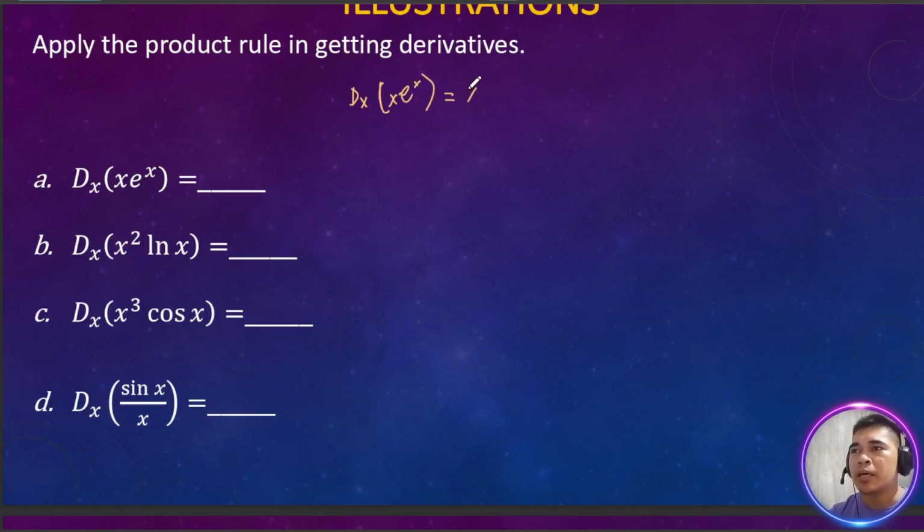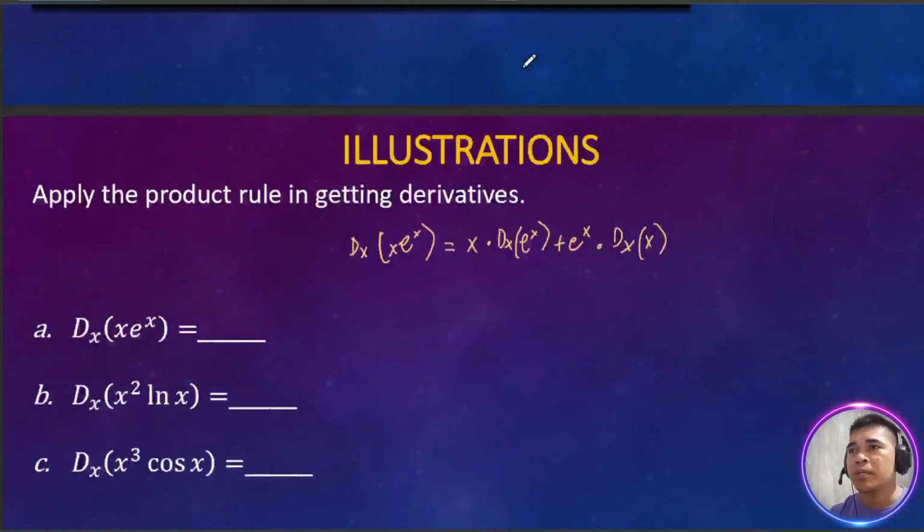So, copy x times the derivative of e to the power of x, plus this one we copy, times the derivative of x. So we just follow the pattern: copy this, then get the derivative of the other, plus copy the other, then get the derivative of x.